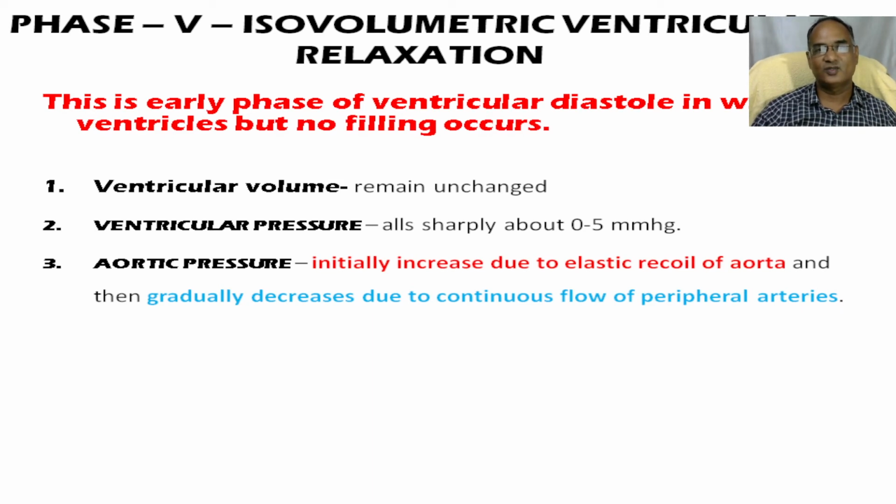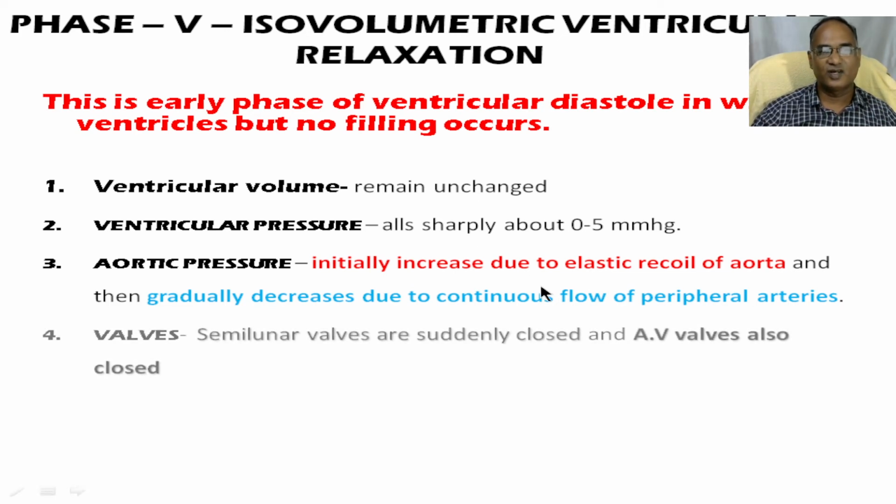Due to relaxation of the ventricle, there will be recoiling by its nature, so that the pressure gradually decreases due to continuous blood flow in the peripheral artery, and then the semilunar valves are suddenly closed because the AV valves are open.